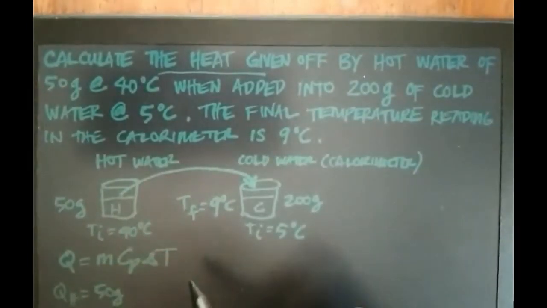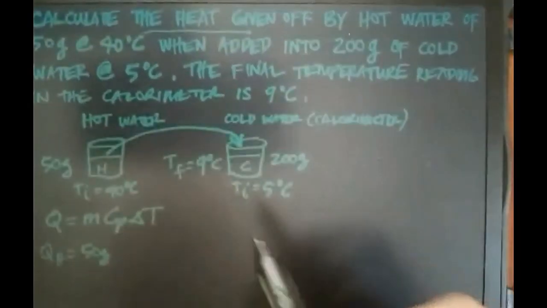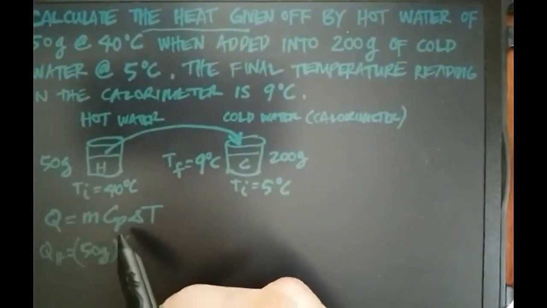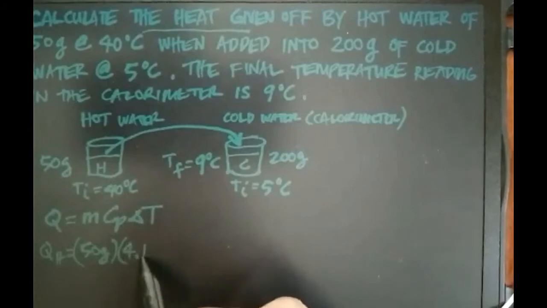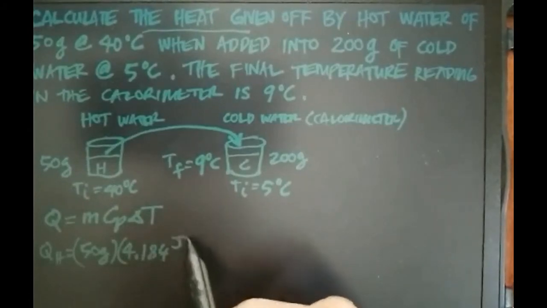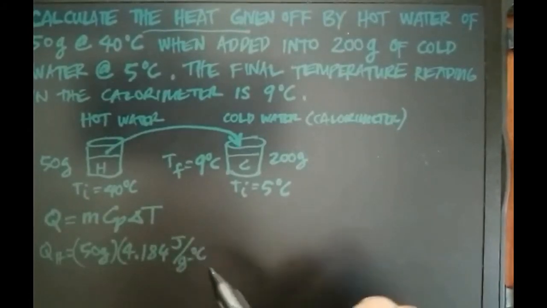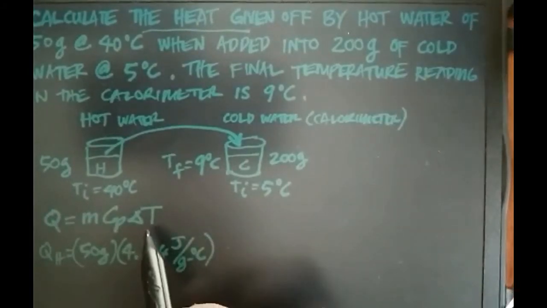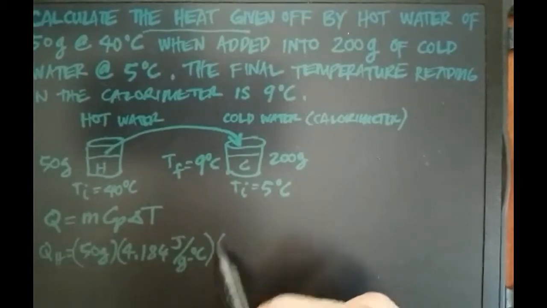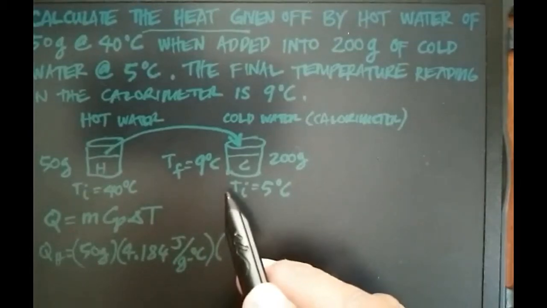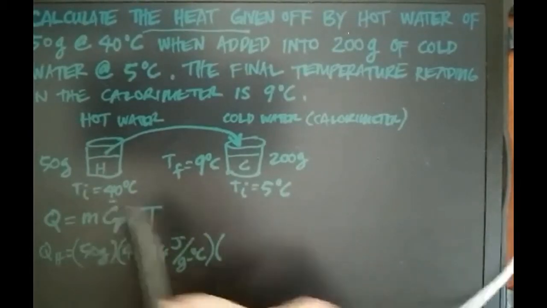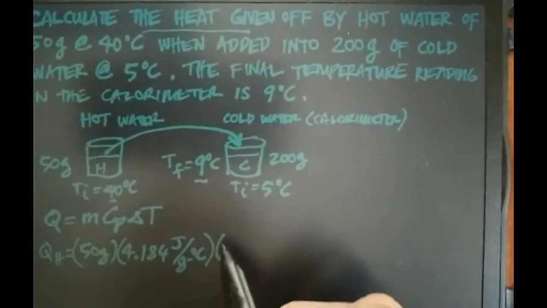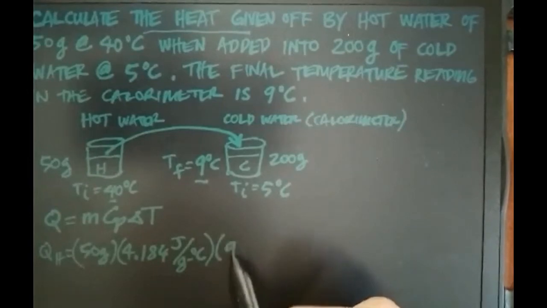So the Q of hot water is 50 grams for the mass times the specific heat of water, which is 4.184 joules per gram degrees Celsius. And the change in temperature, when we added the hot water, we have the initial of 40 degrees Celsius and the final temperature is 9 degrees Celsius.